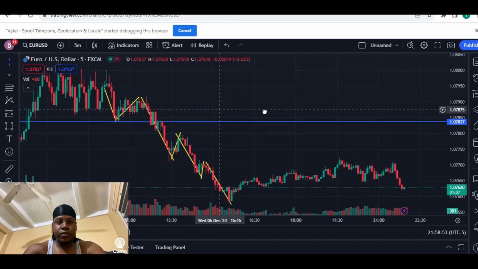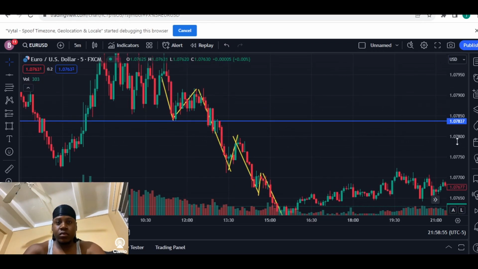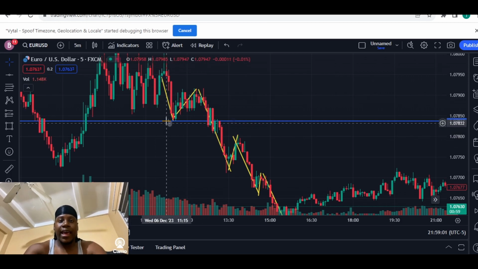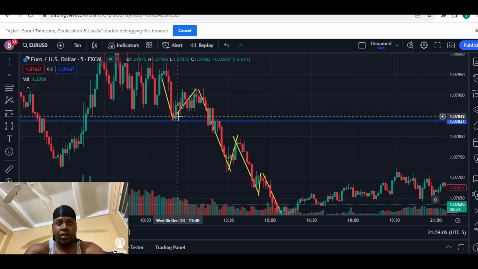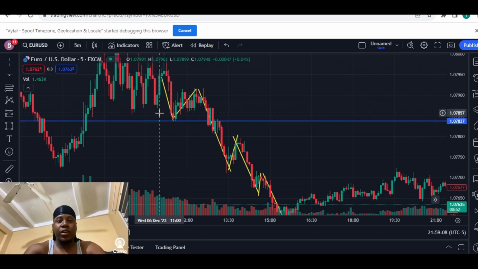This low right here that I got my mouse on, it's the previous low, right? And this low that my cursor is on broke it. So it is called a lower low because it is lower than the previous low.